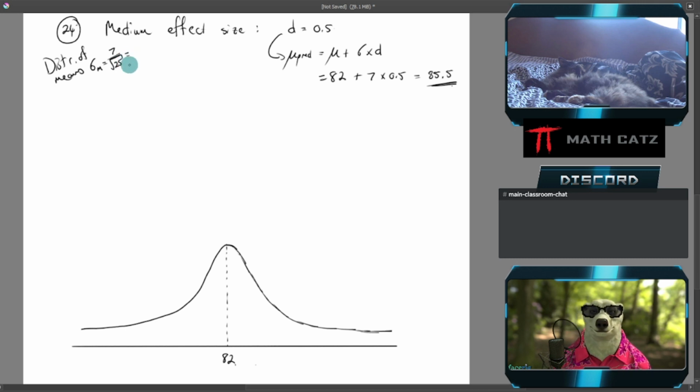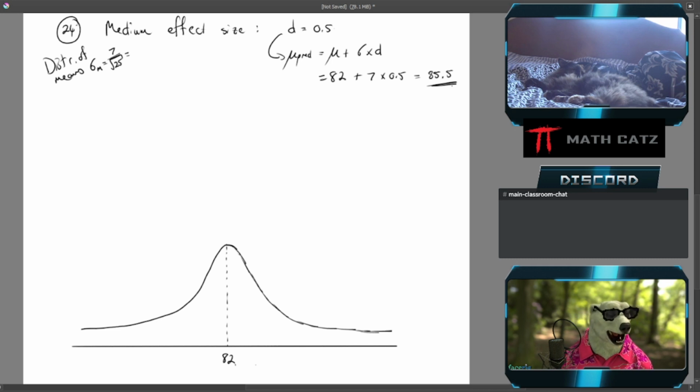7 over 5. Let me just show you the square root. Well, it doesn't really matter. Maybe you're using MathBot. Maybe you are in my Discord and you want to use it.